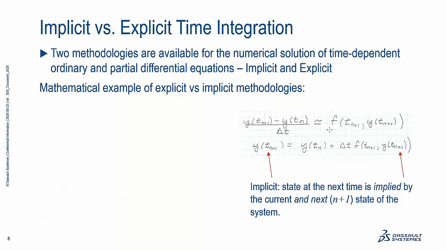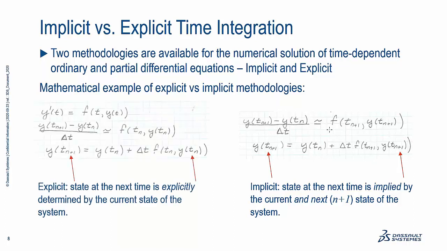This is very different from an explicit methodology of time integration, whereby we are not implying a solution at the n+1 state, but we are explicitly solving for the solution at the n+1 state based on everything that we already know.